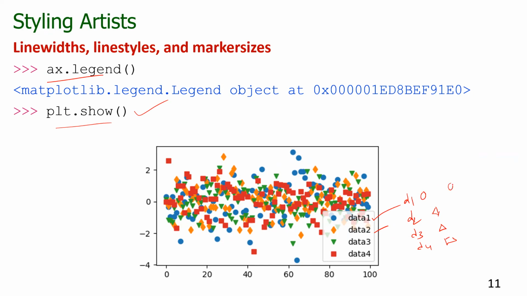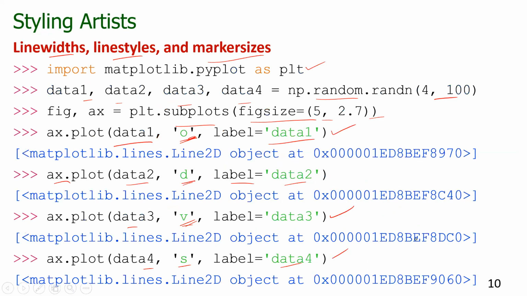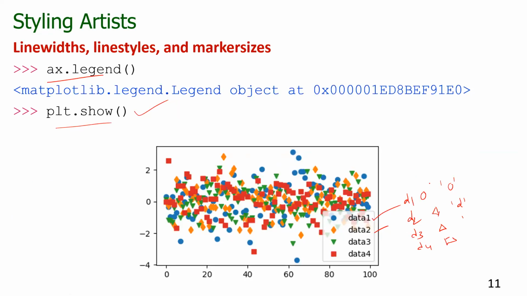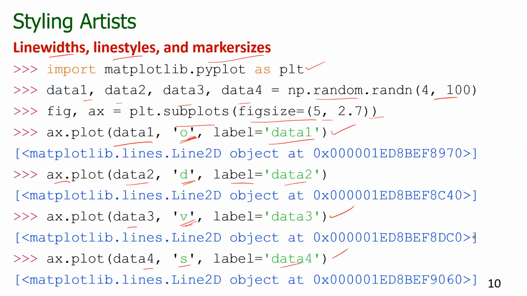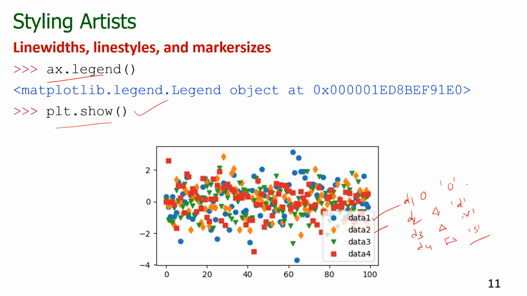So for circle we have used the code O. Then for diamond we use D. For triangle we used V. Then for square we used S. These are all label codes, the standard defined codes used here. Now you can see the colors also.